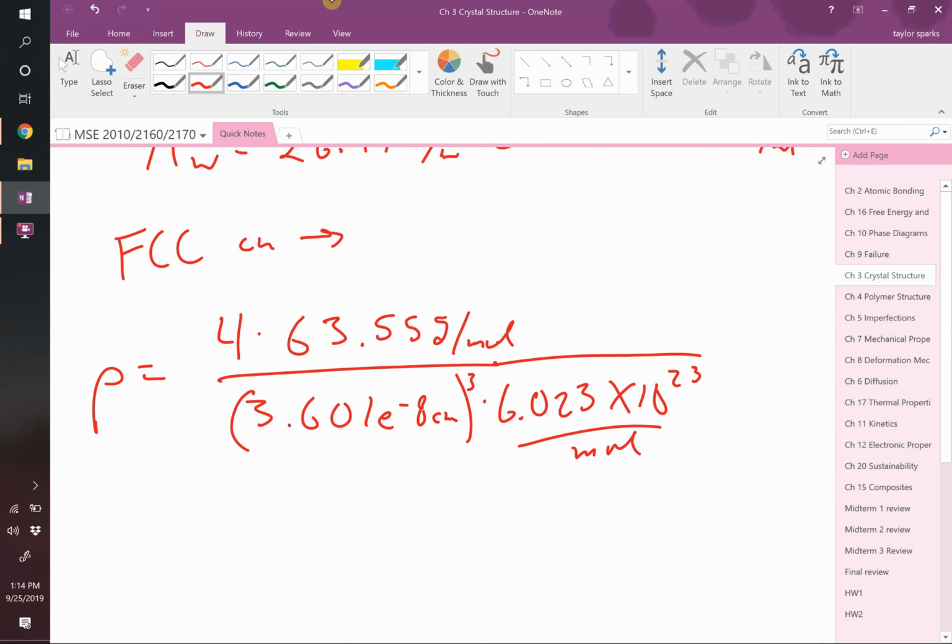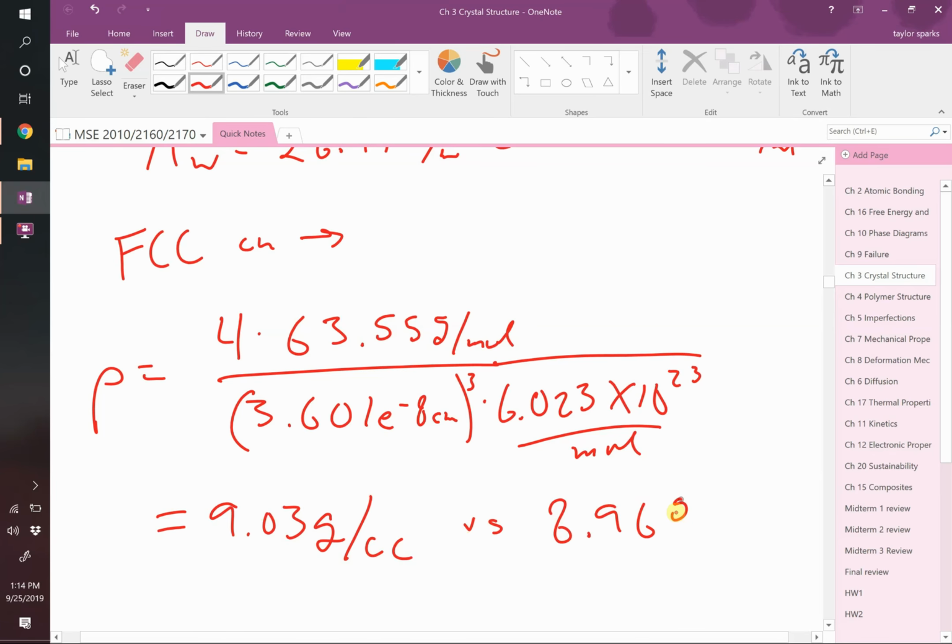So what gives? Why is it not a 100% match? This equals 9.03 grams per cc, versus 8.96 grams per cc experimental.